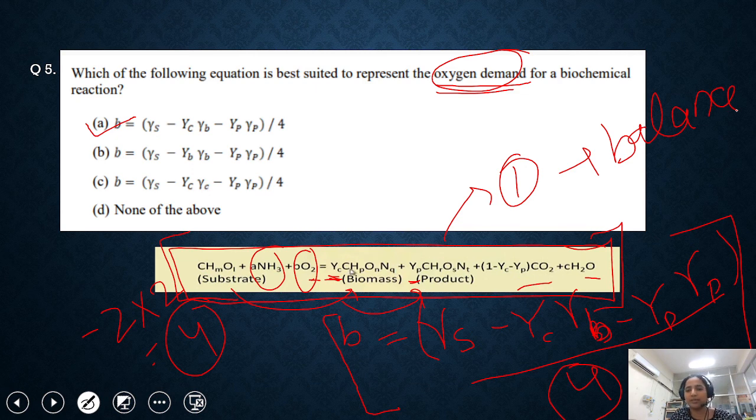Sir has explained it in great detail in the lectures, so if anyone has not seen those lectures, please go through them, because this equation is really important.